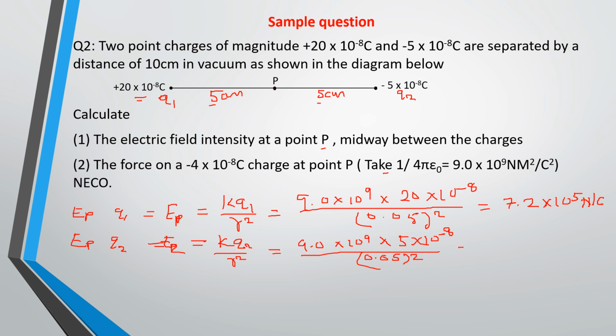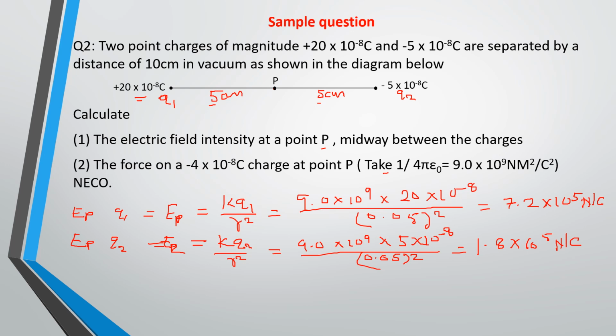Okay, so if you work that out, you are going to have 1.8 times 10 raised to the power 5 Newton per coulomb.